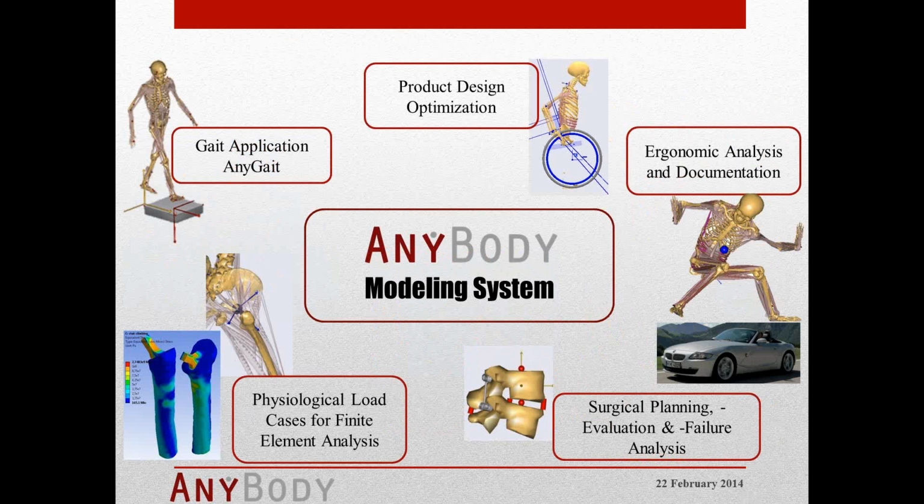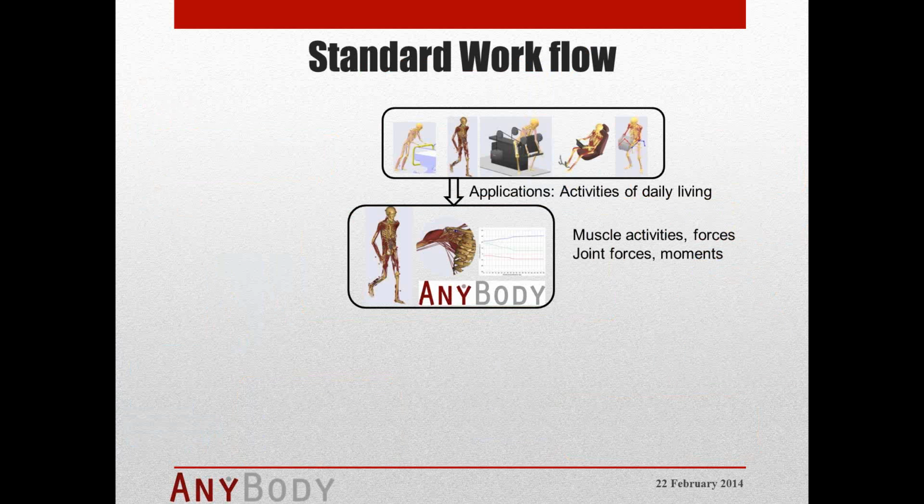The Anybody Modeling System is used in various areas. Starting at the top, from product development or design optimization, over ergonomics on the right, surgical planning, then in combination with finite element simulations, and also as a gait application using AnyGait. A basic or standard workflow is to analyze an activity in the Anybody Modeling System to compute muscle forces, muscle activations, and joint forces.